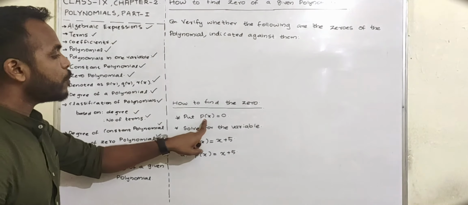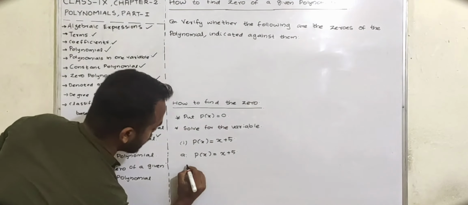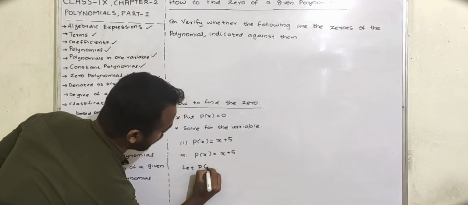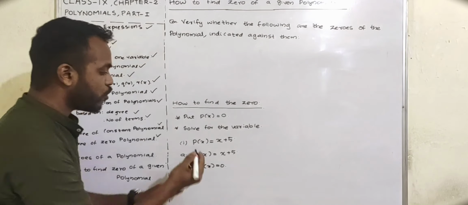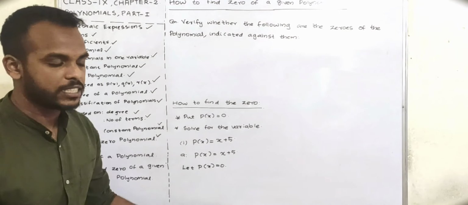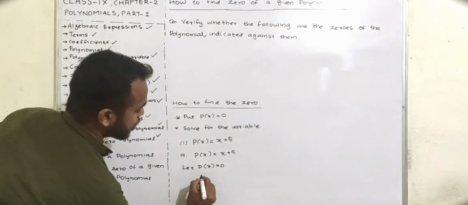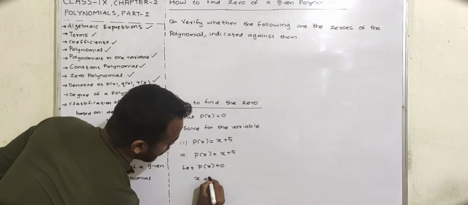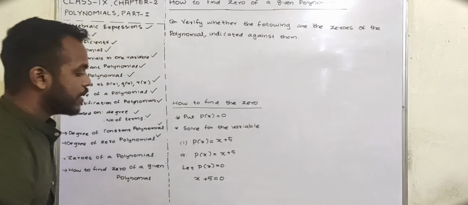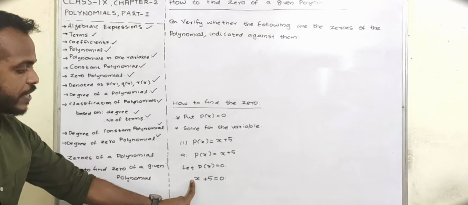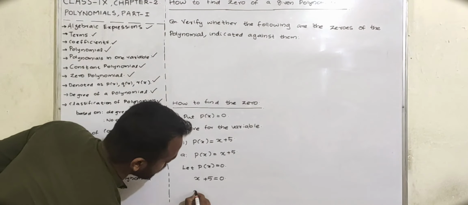First step is put p of x is equal to 0. Then say let p of x is equal to 0. If you follow the very same step, then it will be very easy for you. P of x is equal to 0. And what is p of x? P of x is x plus 5. That is x plus 5 is equal to 0. Then solve for the variable. Who is the variable here? X. So keep x here.